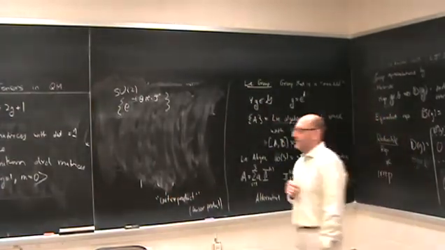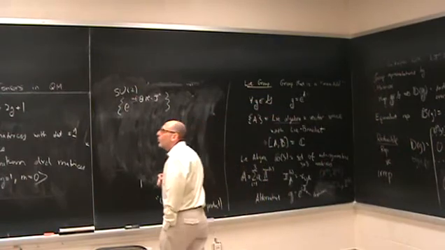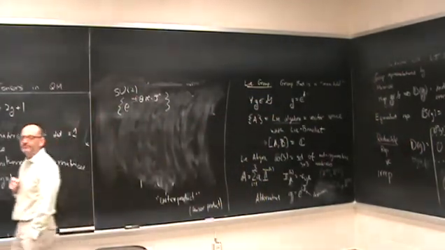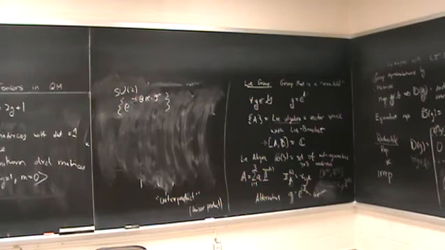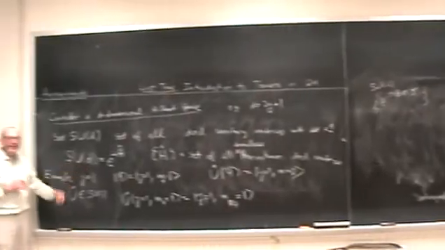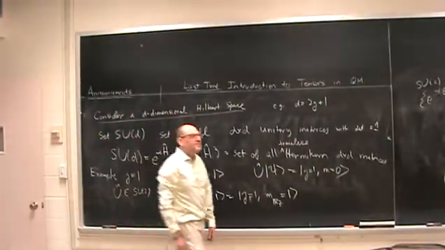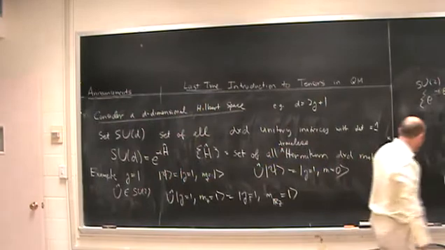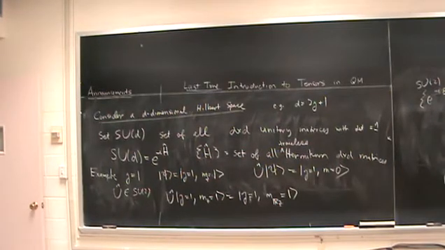Let me ask you a question. What is the dimension of the Lie algebra associated with the Lie group SUD for an arbitrary D? 2D plus 1? It's a good guess, but it's a guess. It's not quite right. In fact, it's not right. How would we know?